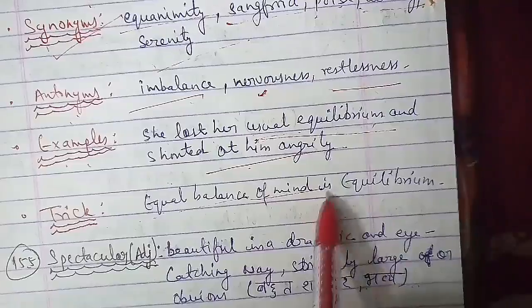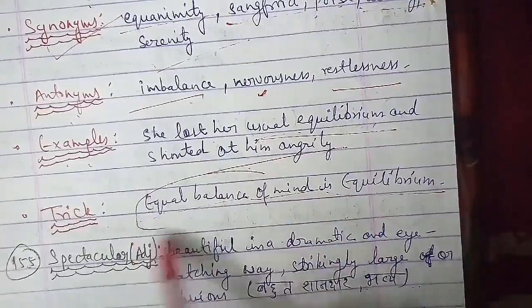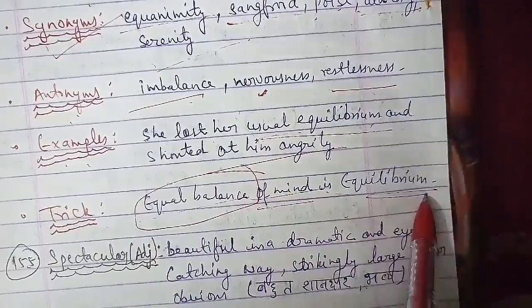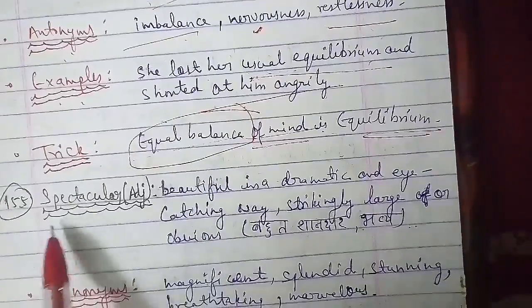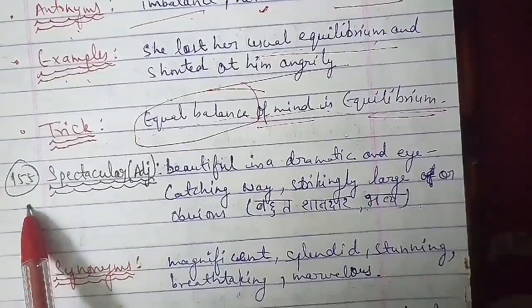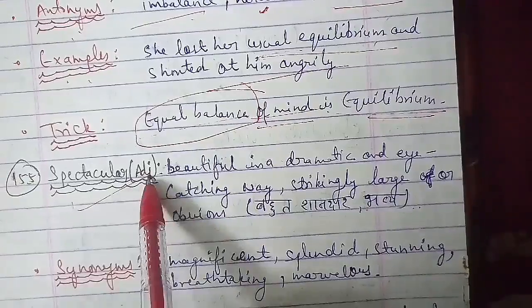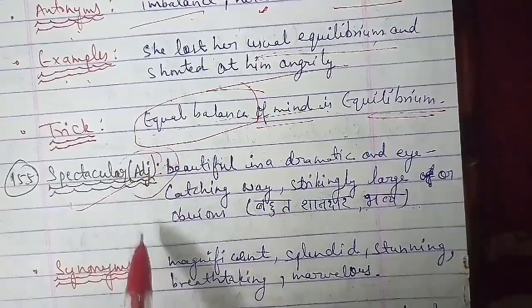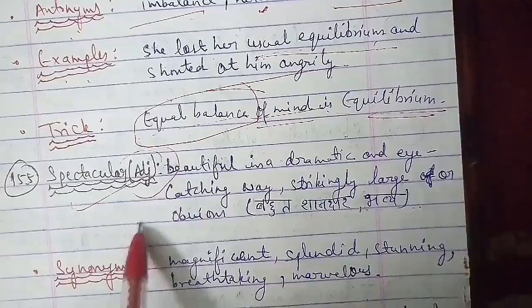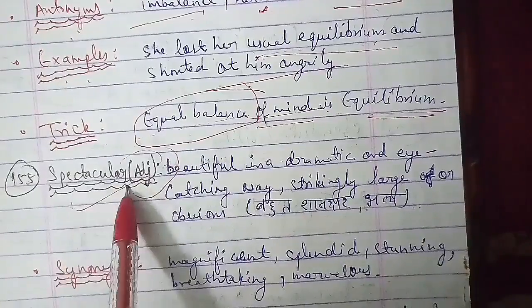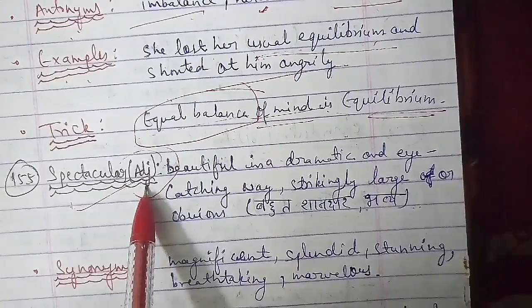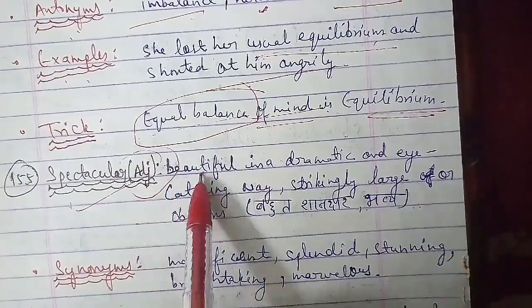Now moving on with the next word, the 155th word, spectacular. Spectacular is a word that is used as an adjective.